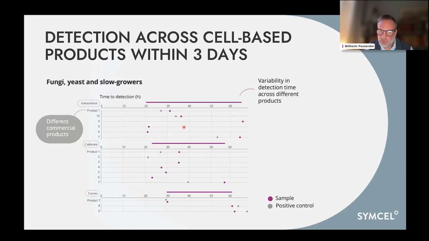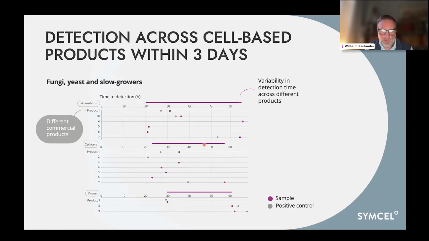In some cases, for some products that you see here, there is no positive control as it looks here, but that's not the case. It's just that there are overlapping samples and they get the same time to detection. But for some samples, you can see there is a difference between time to detection for the sample and for when you're growing it without sample.